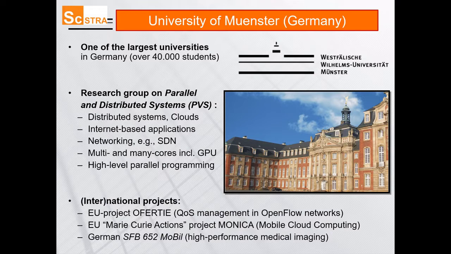And we have been involved in many national and international research projects. So if you get interested in one of these topics, then you can talk to me and we can discuss maybe a possible cooperation in the future.